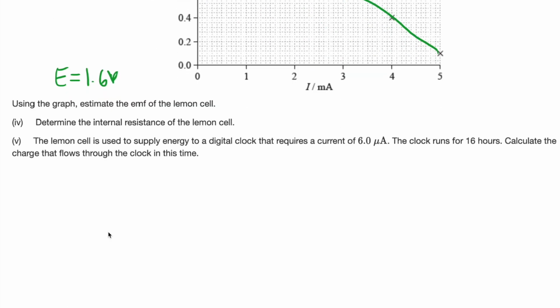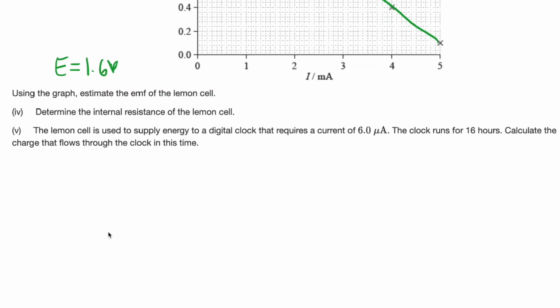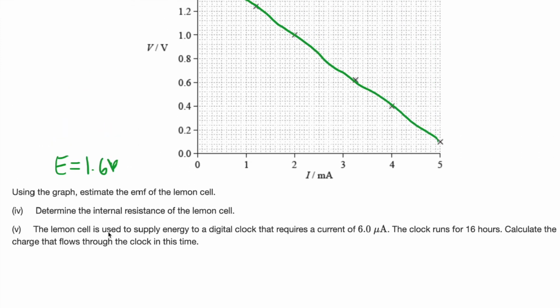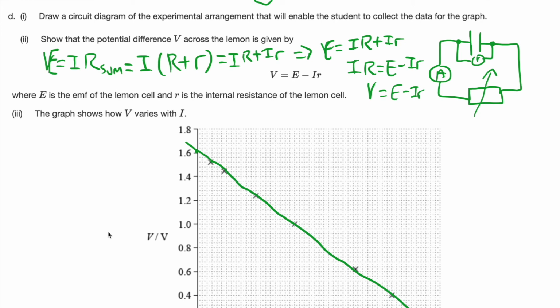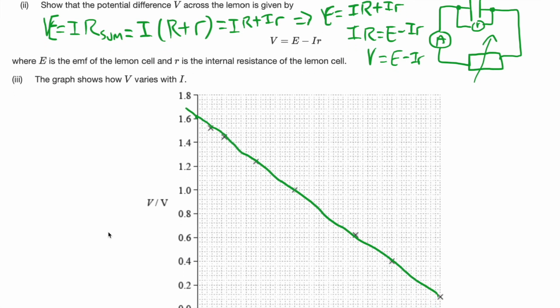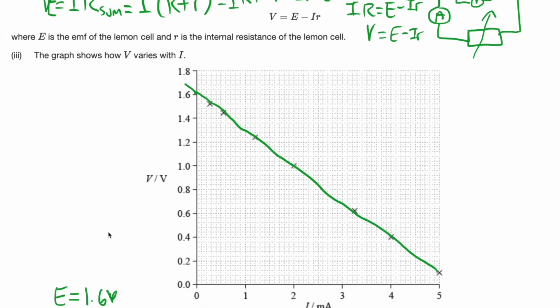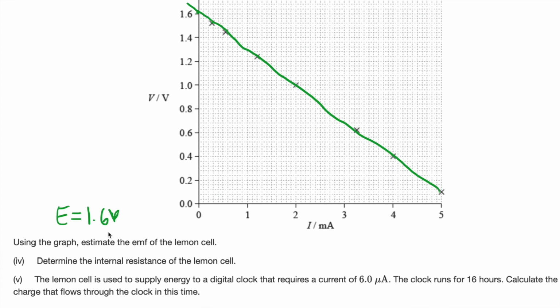Using the graph, determine the internal resistance of the lemon cell, and then you need to calculate charge. Internal resistance. So the internal resistance of the cell is going to be equal to the gradient of the graph, right?